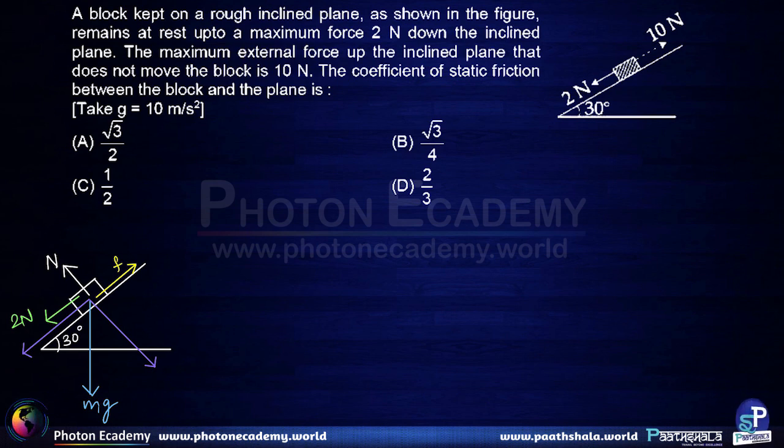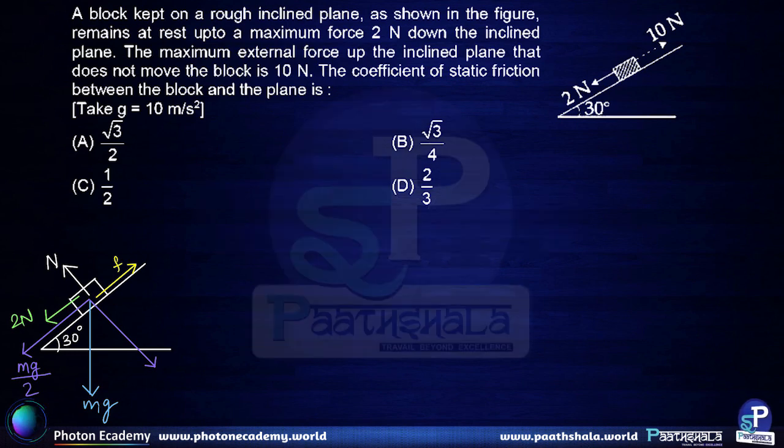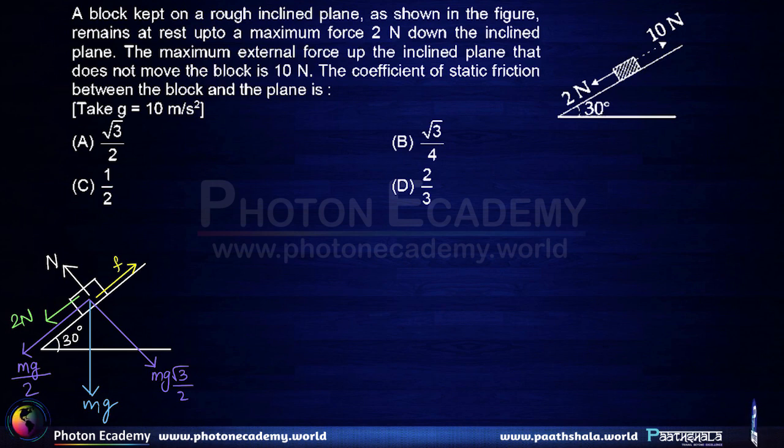So the component along the inclined plane is mg sine 30, which is mg by 2, and the component of mg perpendicular to the inclined plane will be mg cos 30, that is mg root 3 by 2. So balancing the forces perpendicular to the inclined plane, we get normal equals mg root 3 by 2.